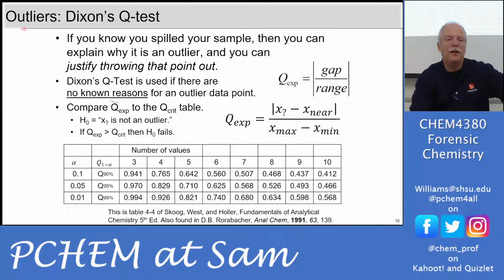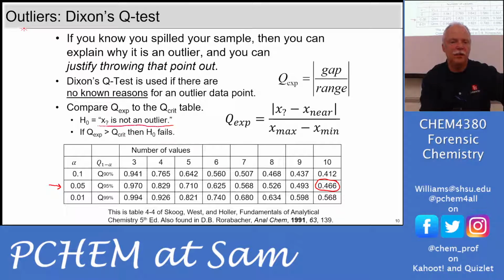And then here's our null hypothesis, that the questioned data point is not an outlier. And then we have our alpha values and our number of data points. So here we are at alpha 0.05. We've taken 10 data points, so we have the 0.466. That's our critical value. And then here's our hypothesis test right here.